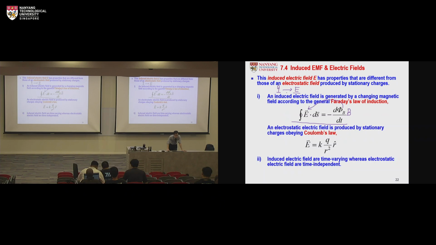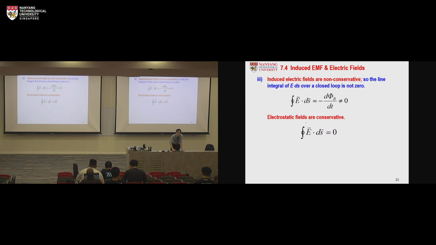For the E from Q, we have Coulomb's law to determine it, and for the E from B, we have Faraday's law to determine the magnitude. So different sources, different formulas. There is also different behavior, mostly in terms of this integration of E·ds along a loop.